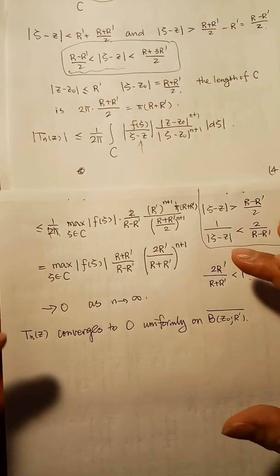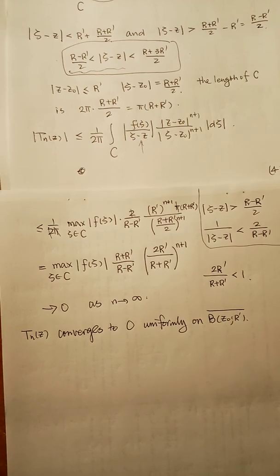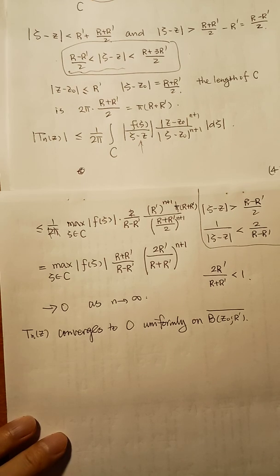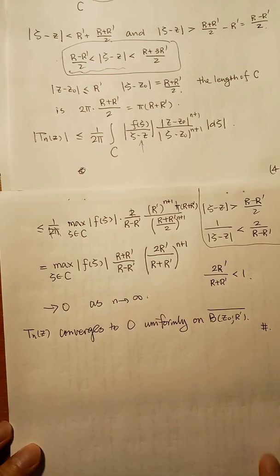If it is analytic over the open disk, then inside that open disk, the analytic function is equal to its Taylor series. Okay, so that's the end of the proof.